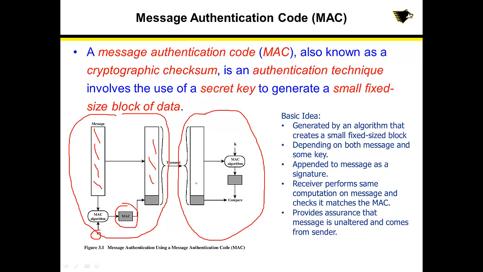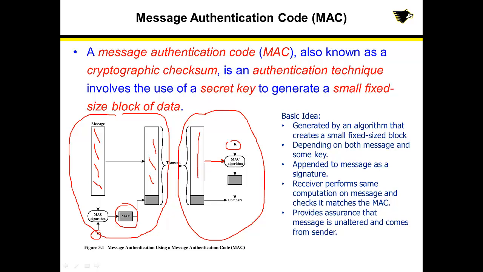After the receiver receives this message plus the MAC code, first it will extract the message part, then send it to the MAC algorithm. This MAC algorithm and this one are the same, and the K is also the same.